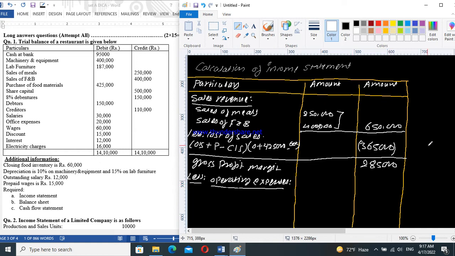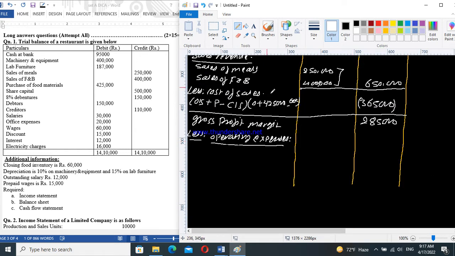Operating expenses, how to calculate it? Operating expenses involve, let's check, salaries. The amount is 30,000.